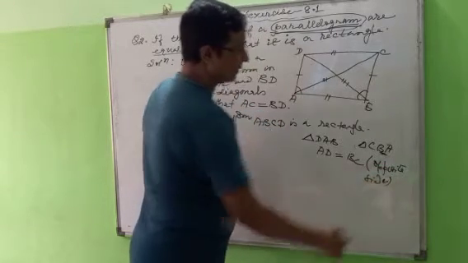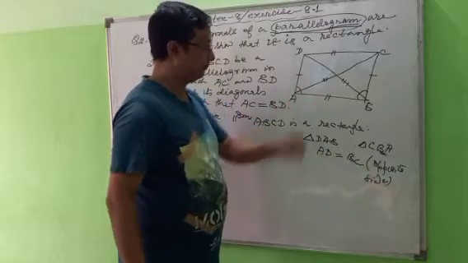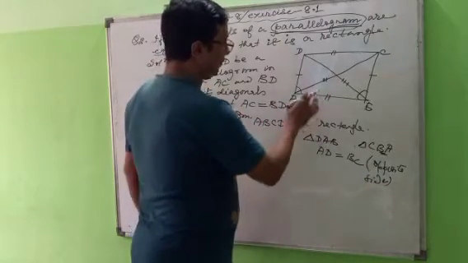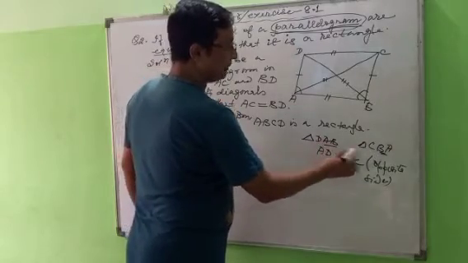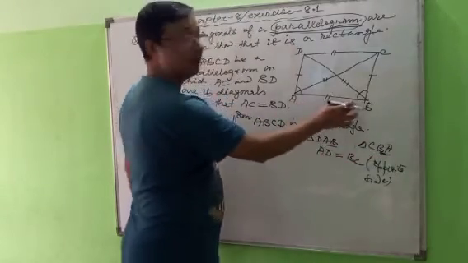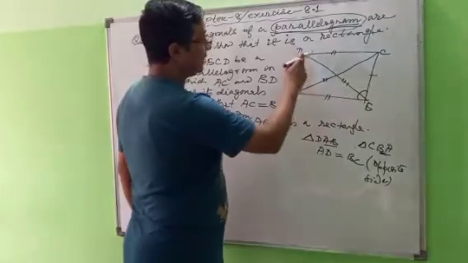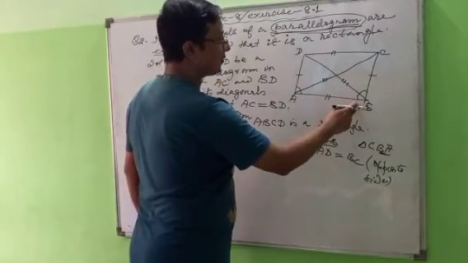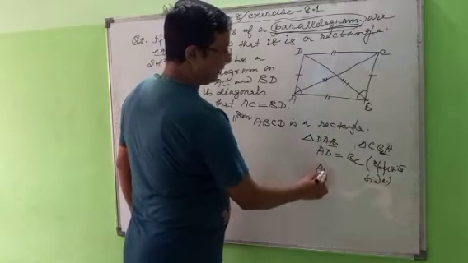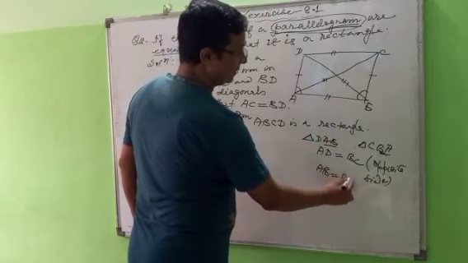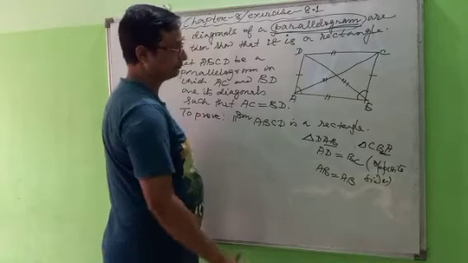So you will get AD equals BC. These are opposite sides of the parallelogram, and opposite sides are equal. Then from these two triangles, you have the common side AB. This is the common base for both triangle DAB and triangle CBA. So you have AB equals AB.